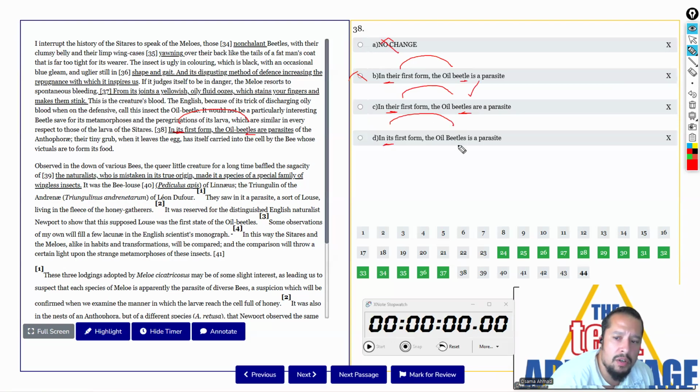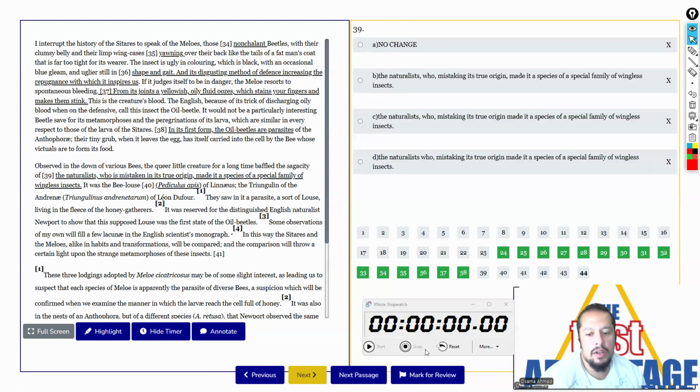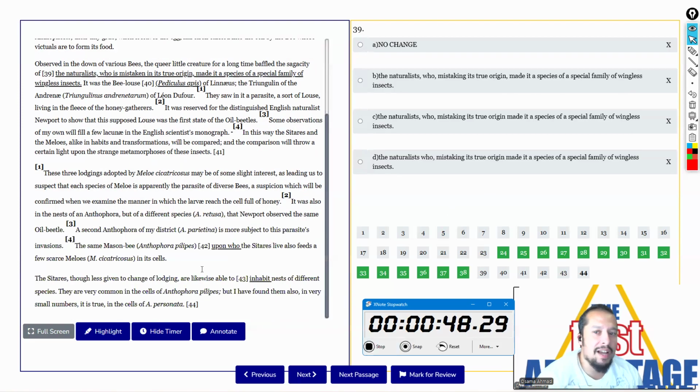It's Beatles. Right? Pronoun. They're Beatles, and their first form, the Beatles. I think yes, answer C. Done. Pronoun-noun agreement. 39. Don't let these simple questions fool you.